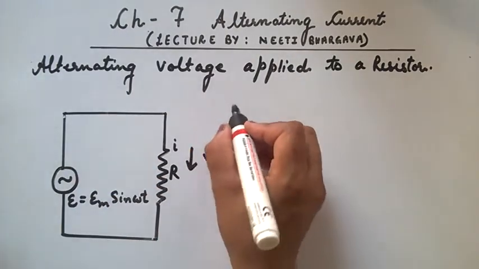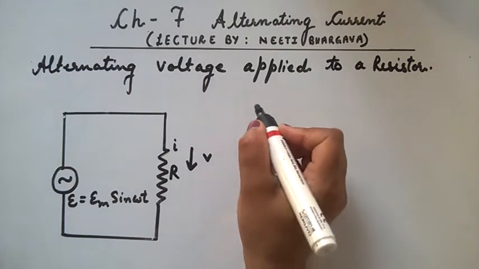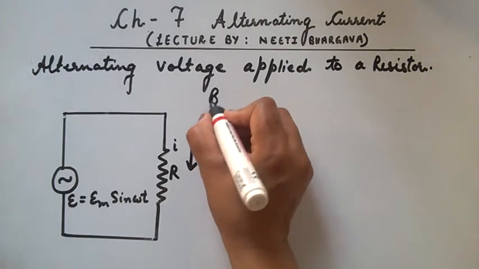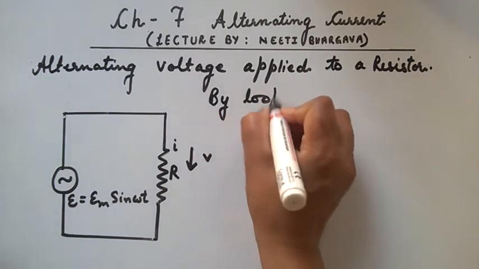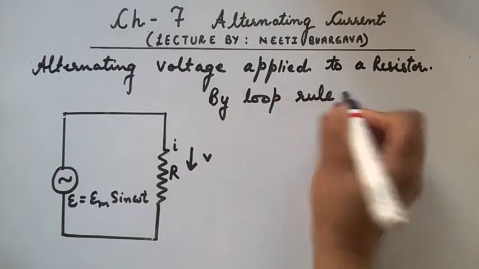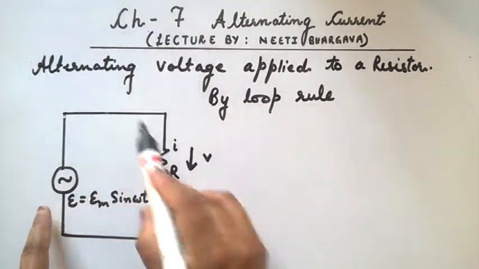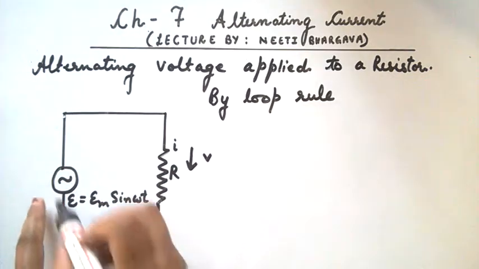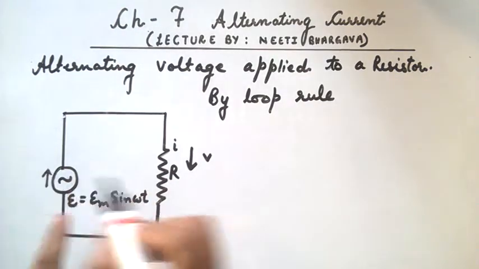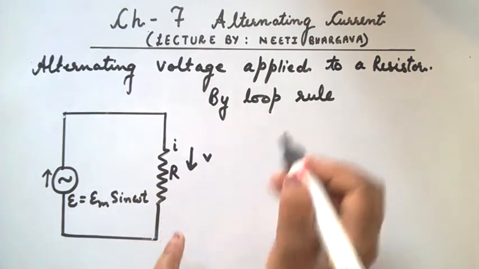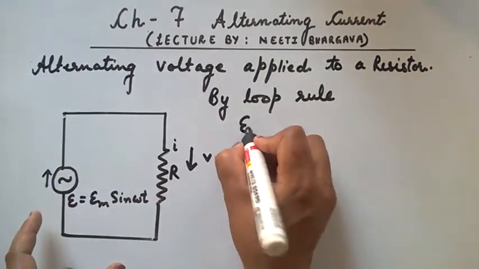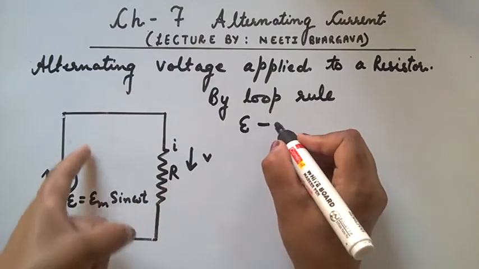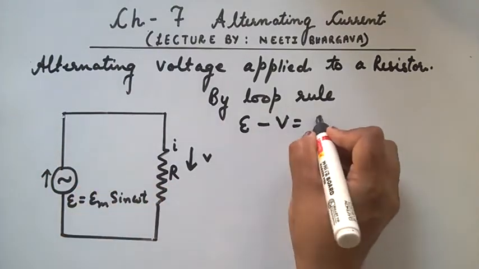So by the loop rule, that is by Kirchhoff's second law, we know that the algebraic sum of all the voltages present in a circuit is equal to 0. So here, adding this EMF and this alternating voltage algebraically, we get E minus v equal to 0.